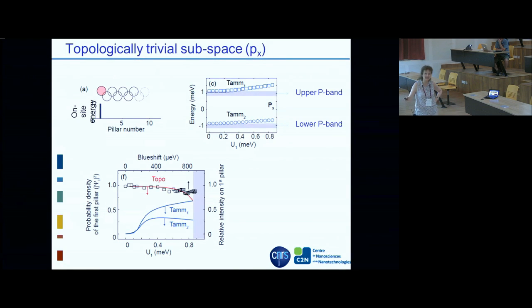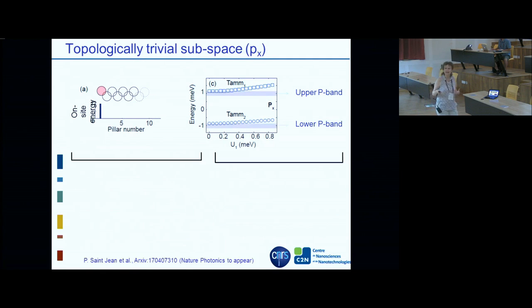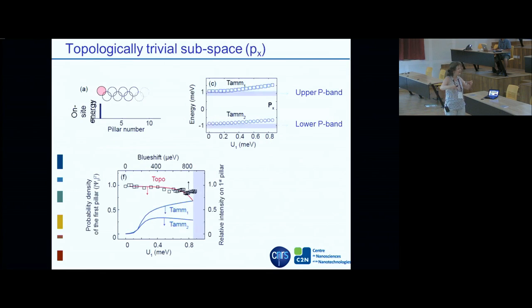So these kinds of states, whose origin is not coming from topology, their shape changes a lot as a function of perturbation, and so these states are really trivial from the topological point of view. Okay, so these states, we can see them in the experiment and see that indeed their localization changes a lot. Okay, but one of these Tamm states is going to progressively localize only on the second pillar. When I remove completely the first pillar, this one is going to become the topological state eventually.